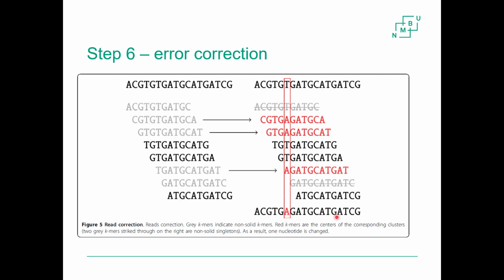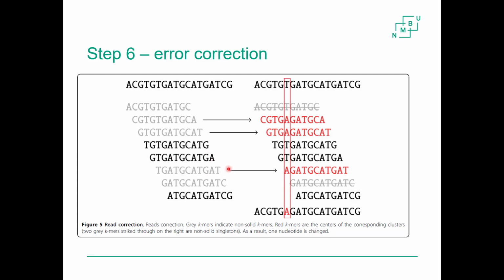So this is how the read looks after Basehammer has done its work, because in this position now, there are 3 votes for A and only 2 votes for T. So this is how we could correct this error. This is a sequencing error, at least that's the conclusion of Basehammer. It must be a sequencing error because we see that the solid K-mers tend to have A's in that position.